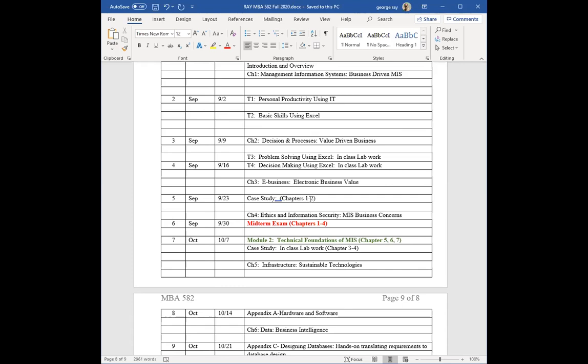And then we'll get into more intermediate Excel work, and we'll look at doing cross tabulations with pivot tables. The week of the 16th, we'll get into advanced work with Excel, doing things like a regression or optimization.